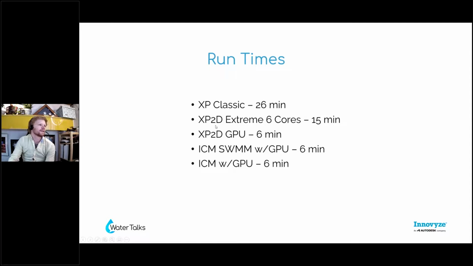We were able to cut that down a little using the cores, but it's really the GPU that's going to accelerate things. If I put some seconds on here, it's subtly different between the ICM networks and the XP with GPU, but they're pretty much the same, largely because of the GPU.